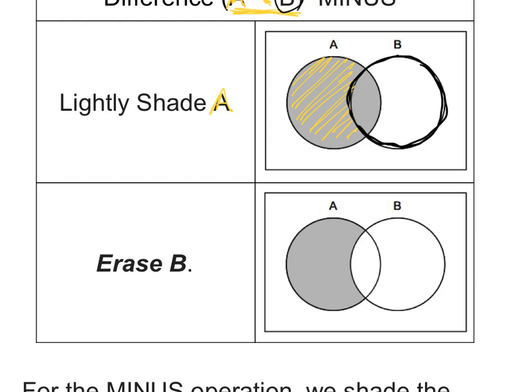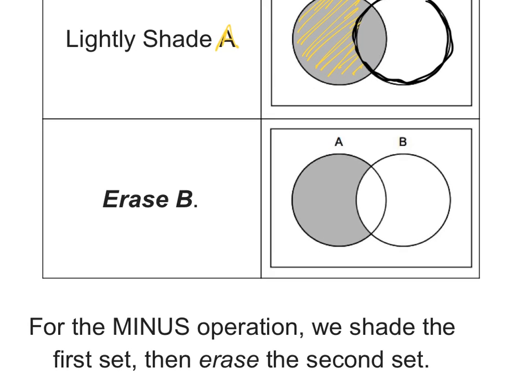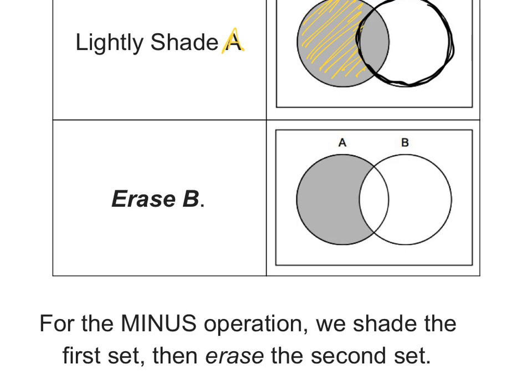So we have shaded in all of A, so this part was originally shaded, but then after it was erased, we're just left with the part that was highlighted on the left-hand side here. So for the minus or the difference operation, we shade the first set.